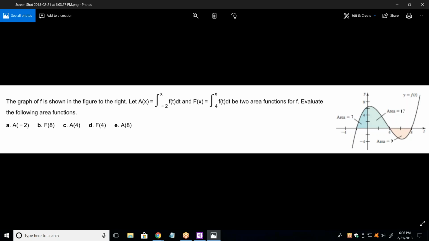The graph of f is shown, and let A of x be the integral from -2 to x, and F of x the integral from 4 to x.